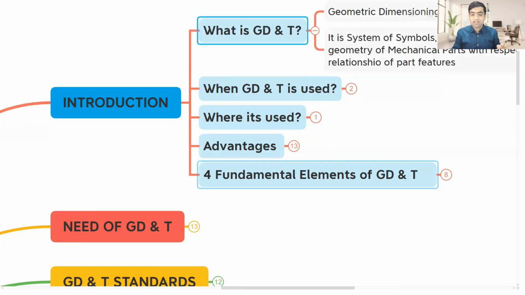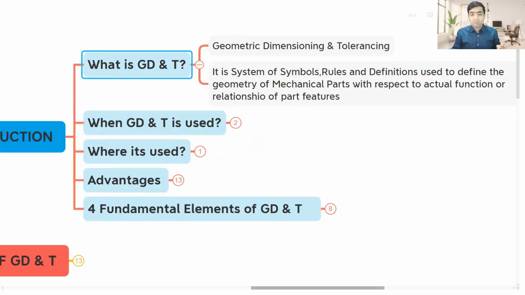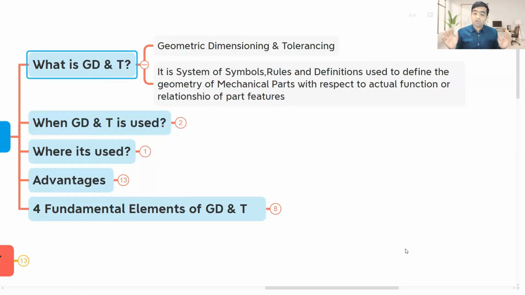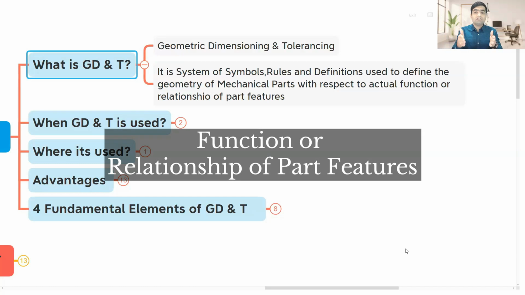We have seen that GD&T is nothing but geometric dimensioning and tolerancing. In simple words, it is a system of symbols, rules, and definitions used to define the geometry of mechanical parts with respect to their actual function or relationship with the part features. It's a set of symbols, rules and definitions which uses the actual function, the actual relationship of the part.